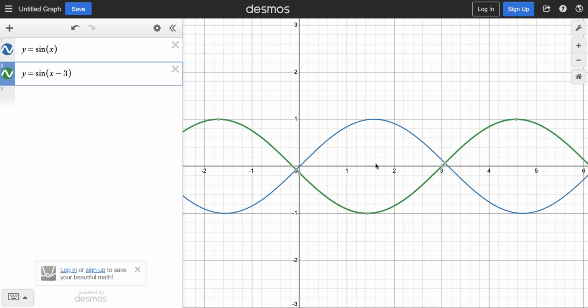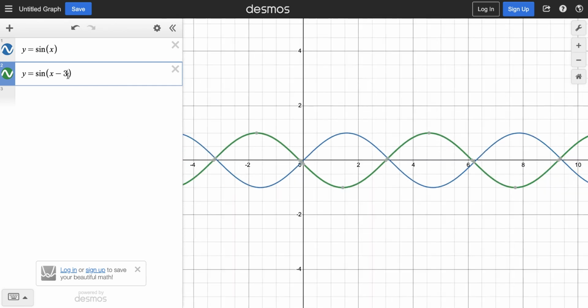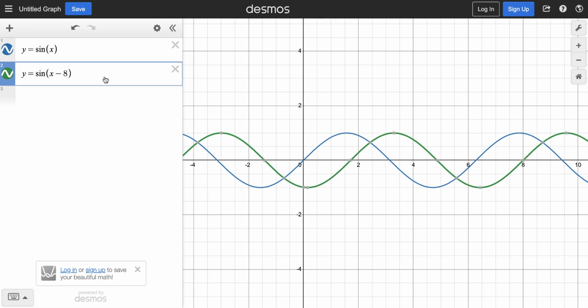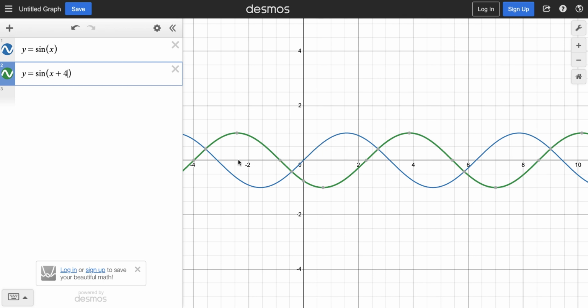And if I put, let's say, sine of x minus 4, minus 5, minus 6, minus 7, minus 8, you notice how as I put a certain number in, it moves the sine graph that number to the right. If I were to add a certain number, let's say plus 1, plus 2, plus 3, plus 4, you notice how this time it moves to the left that many units.